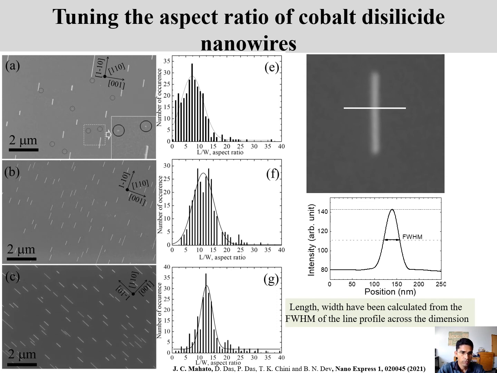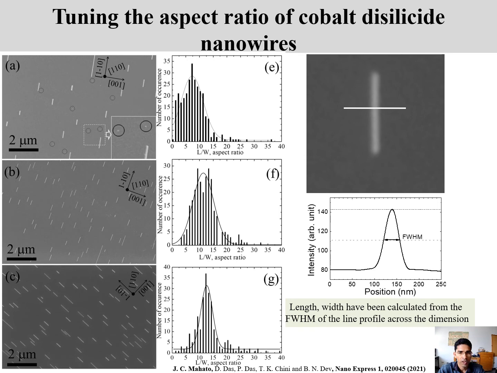But for the 40-minute annealed set of samples, there is no distinct nanodot present on the surface, but from this AFM image we can see that there are more nanowires present on the surface. And for the third set of samples, we observe the nanowires are more or less the same, but they seem to be elongated.